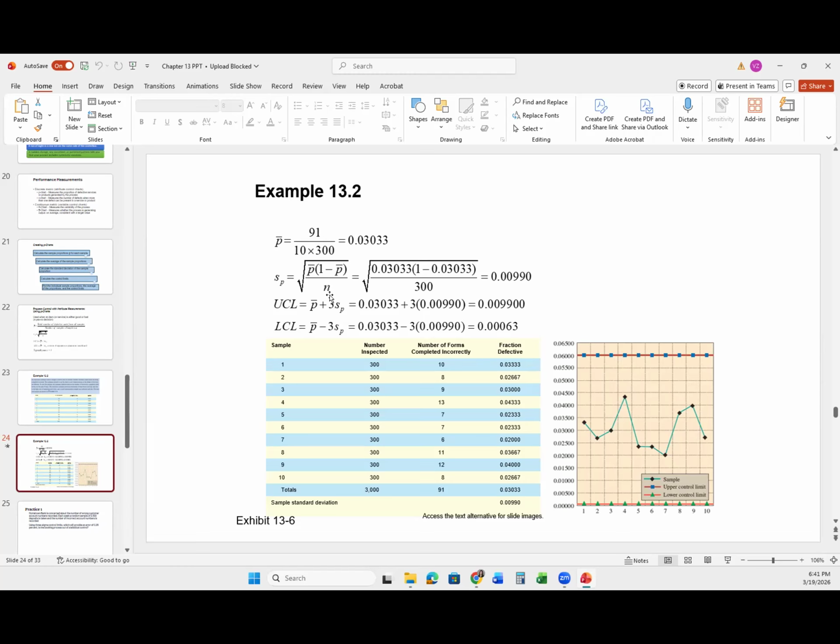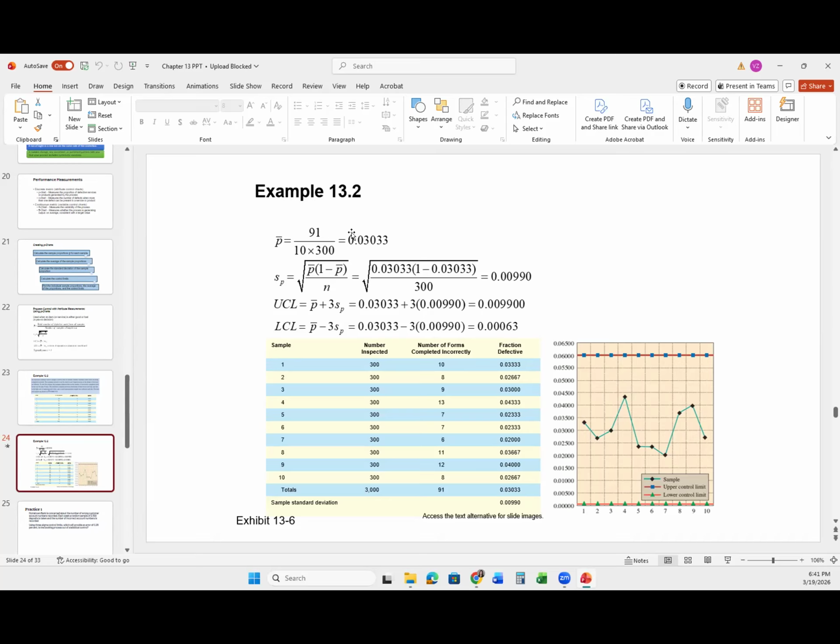Be careful, n here means sample size, not the number of samples. Sample size means how many units are in each sample. For this question, we pick 300 for each sample, so n here is 300.